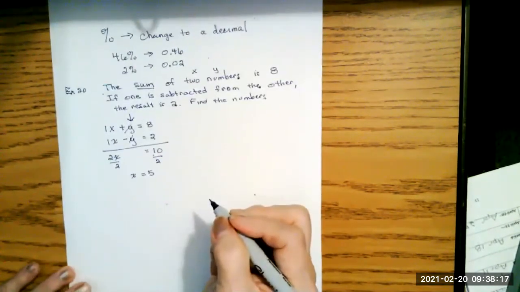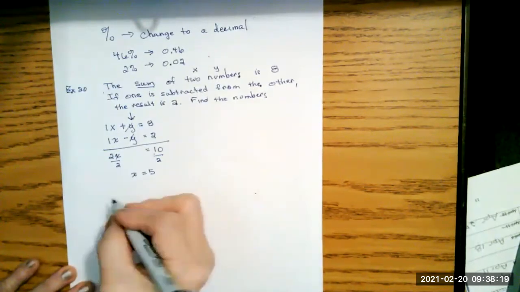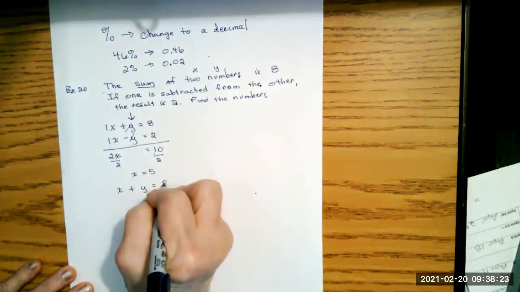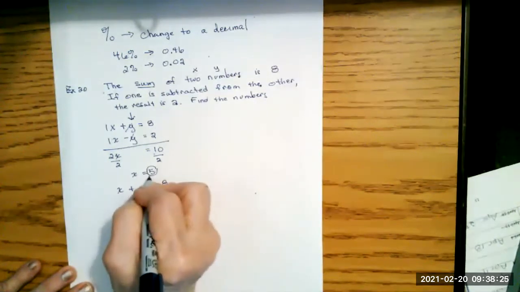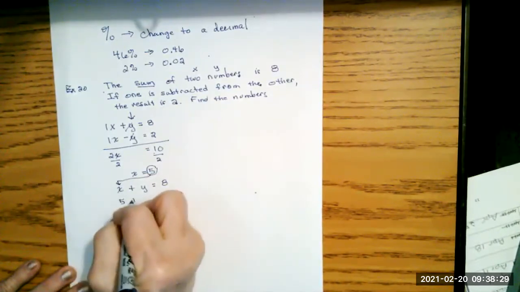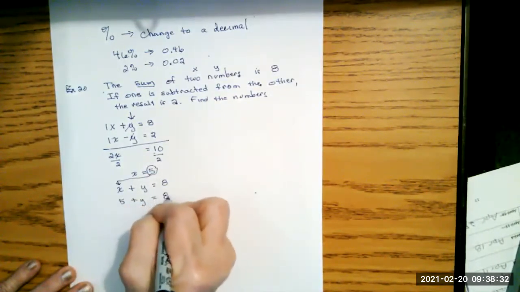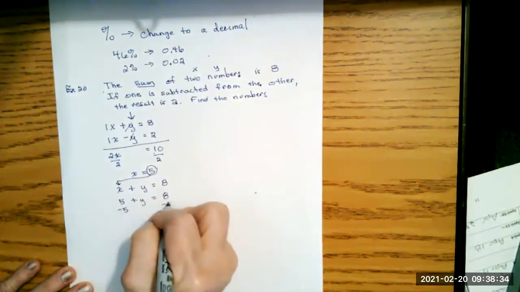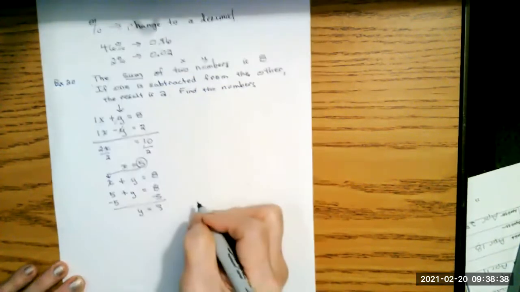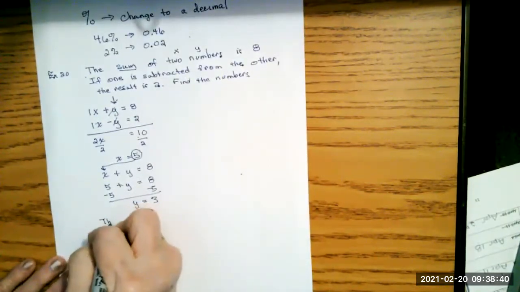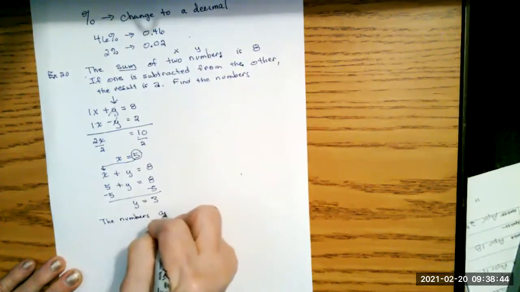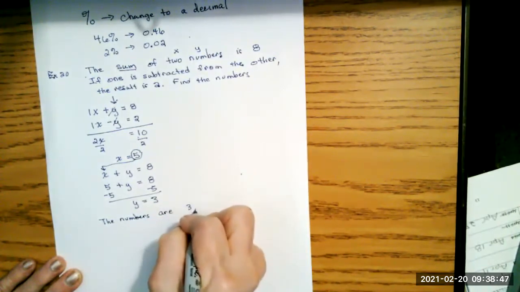Now use either of the equations. I always use the first one. x plus y equals 8. And I'm going to take my 5 and put it back in for x. So now I have 5 plus y equals 8. Subtracting 5 gives me y equals 3. So the numbers are 3, 5.